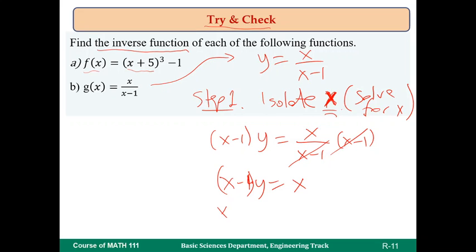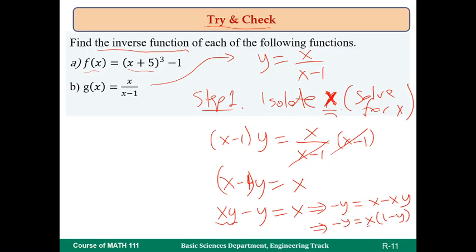So here we expand it again. We have x here and x here, but I want them on one side. Send this one to the other side, and you will end up with x minus xy equal to minus y, which is x times (1 minus y).